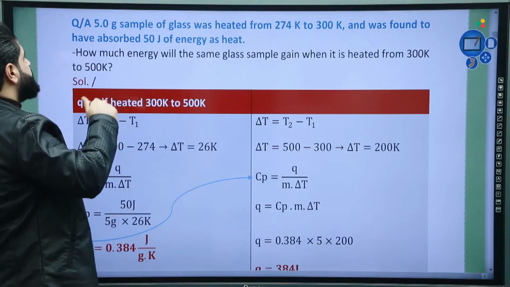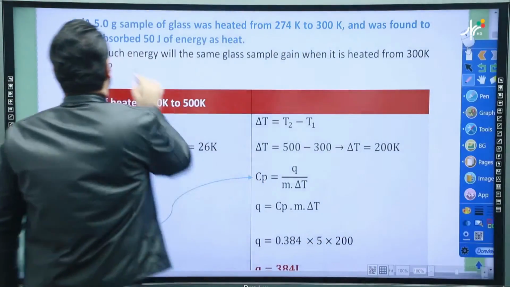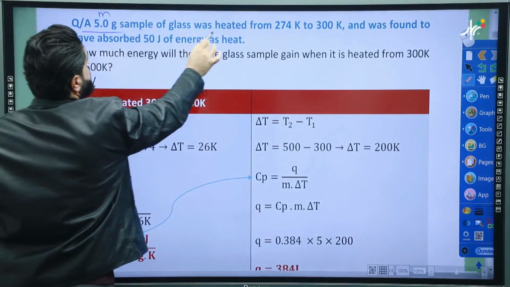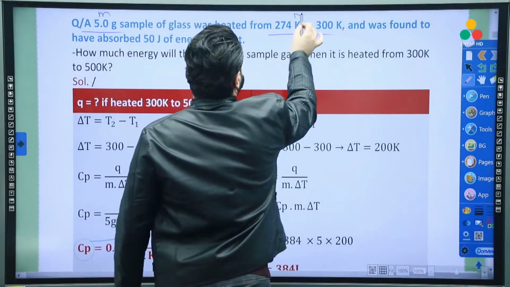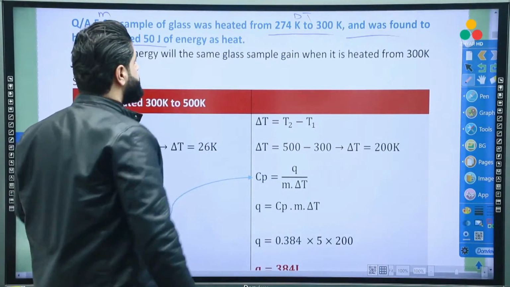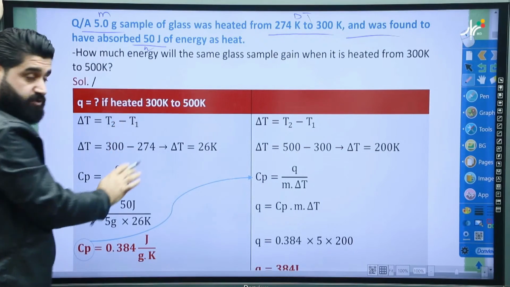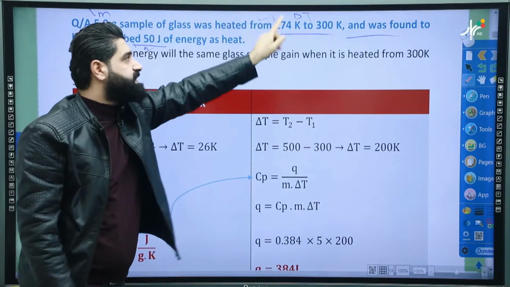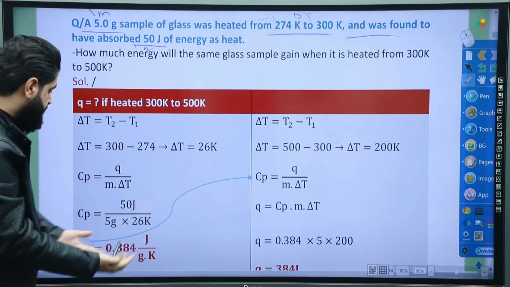Same idea. Look, 4 grams of sample, it's M. 4 grams of sample was heated from 274 to, this is delta T, and was found to have absorbed 50 joules. So immediately it's Q, get the value of Cp. As I told you, if you have these M, Q, delta T, immediately calculate Cp, then use Cp for the unknown.